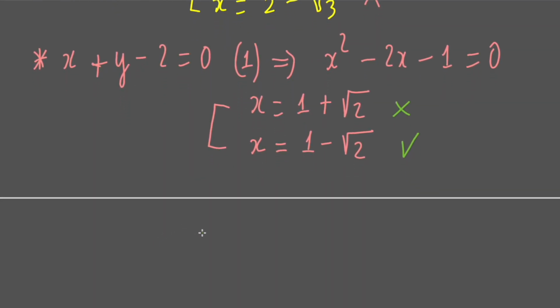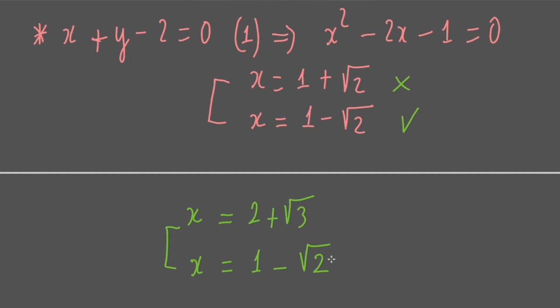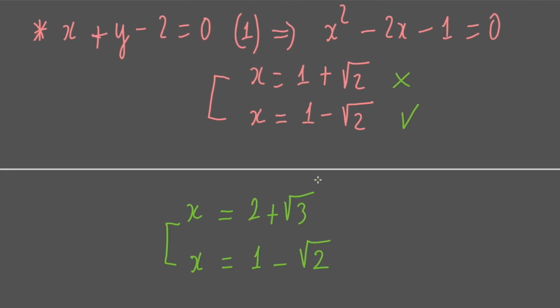Finally, we have two values of x that are the roots of the equation: x equal to 2 plus square root of 3 or x equal to 1 minus square root of 2. So that is the final solution of this equation.